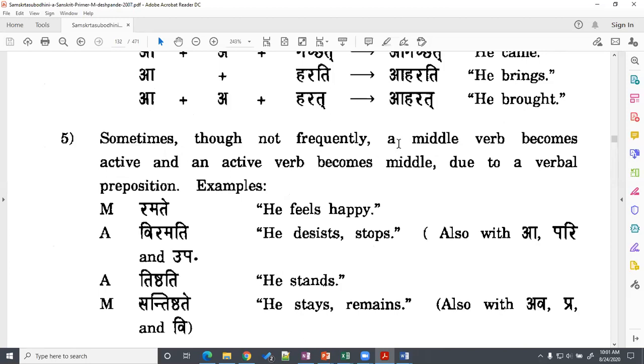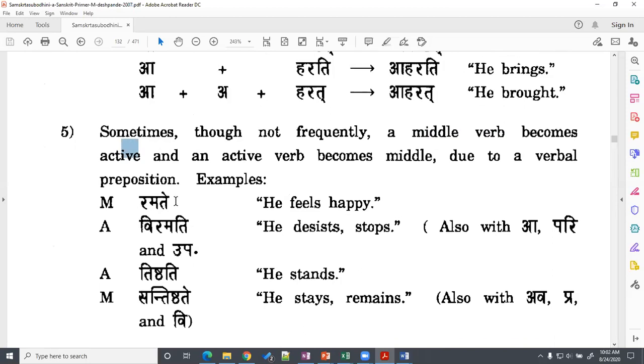Sometimes, though not frequently, a middle verb, which the author is referring to as Atmanepadi, becomes active, which he is referring to as Parasmaipadi, and then Parasmaipadi becomes Atmanepadi due to a verbal preposition. I told you the same thing with Jayati and Vijayate. He is giving Ramate and Viramati as another example, with the Ram dhatu. So it is the same concept which I had told you with Jayati and Vijayate.